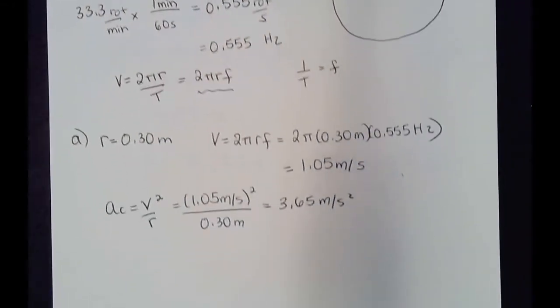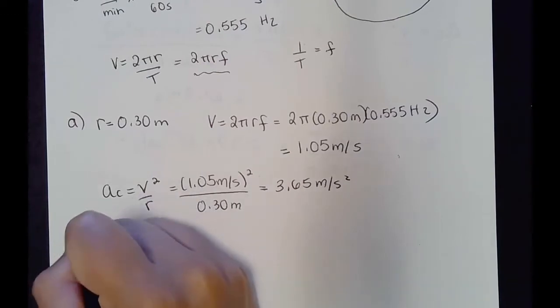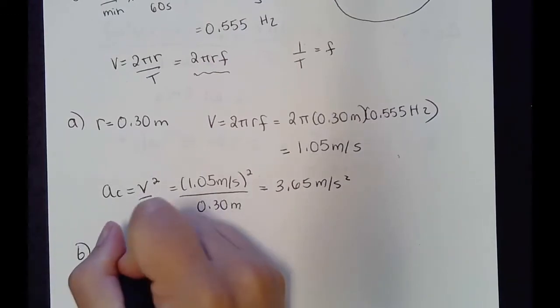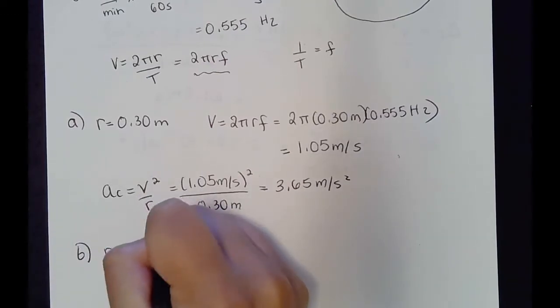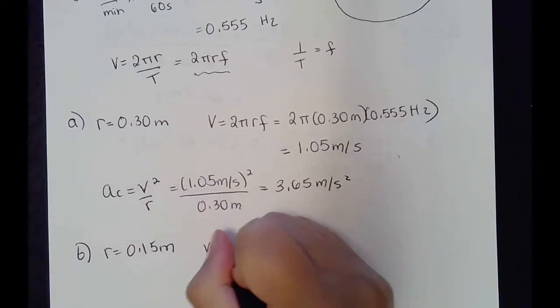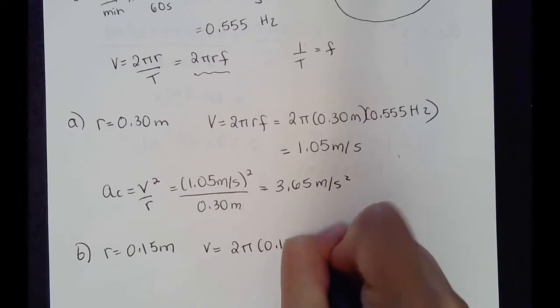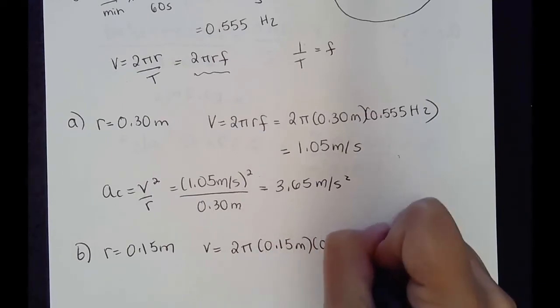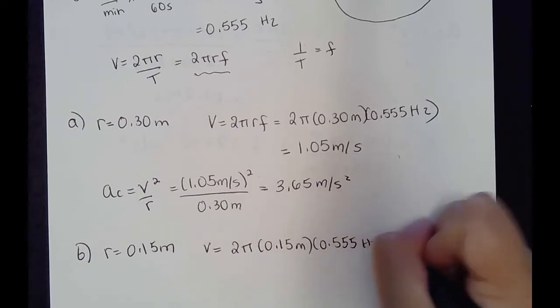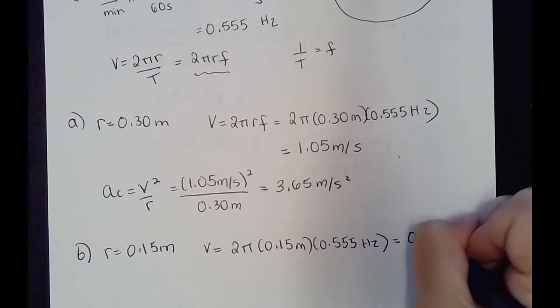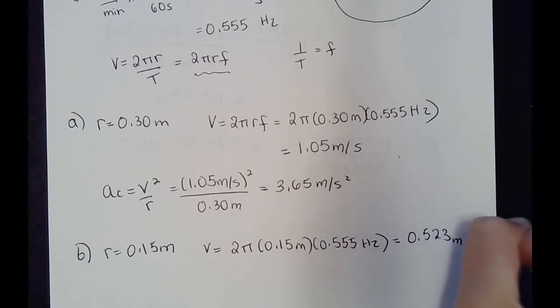Now if we look at halfway to the spindle, where r is 0.15 meters, we can calculate this again, 2 pi times 0.15 meters times 0.555 hertz, and we get 0.523 meters per second.